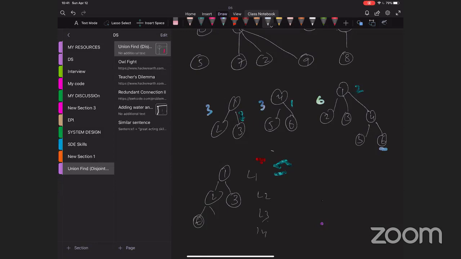How many can I have at a level L? 2 raised to power L minus 1. Let's say the 0th level is 2 raised to power 0, then 2, then 4, then 8. So what we are saying is that whenever we go from one level to another, our size becomes double.